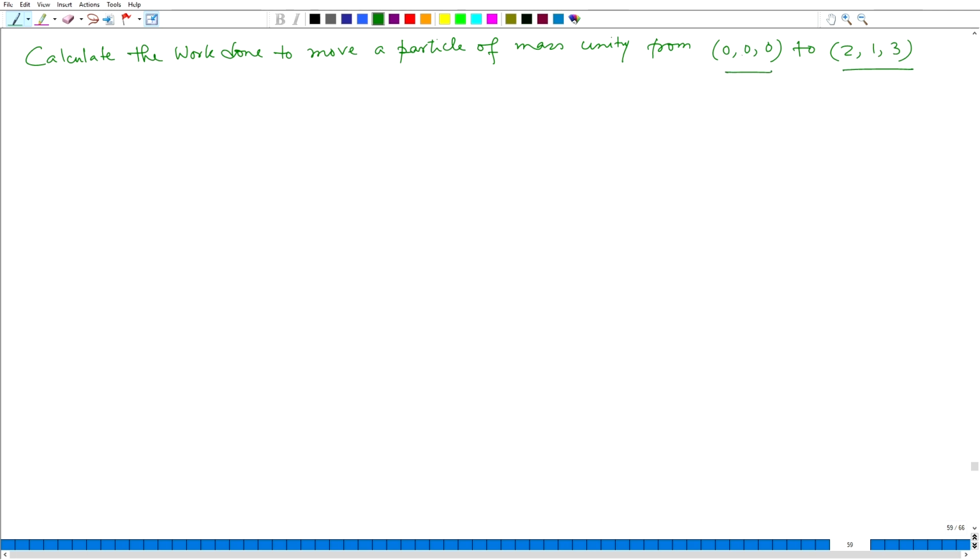So, x is equal to 0, y is equal to 0, z is equal to 0, to x is equal to 2, y is equal to 1 and z is equal to 3. Okay. So, that is the final point, that is the initial point.